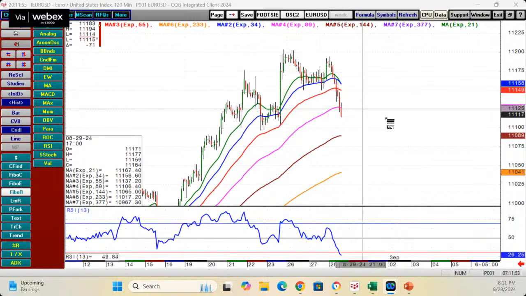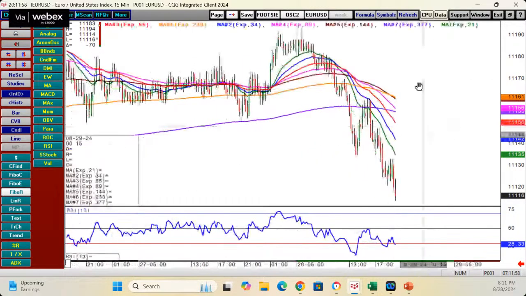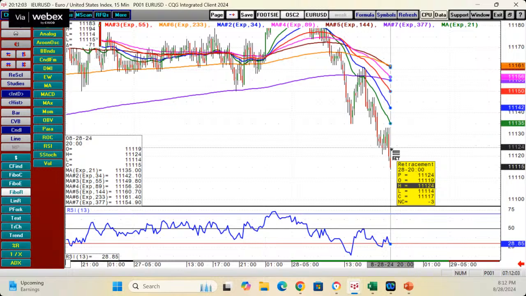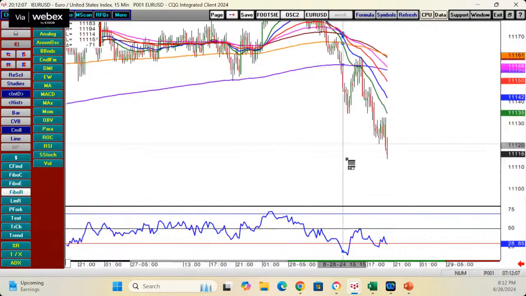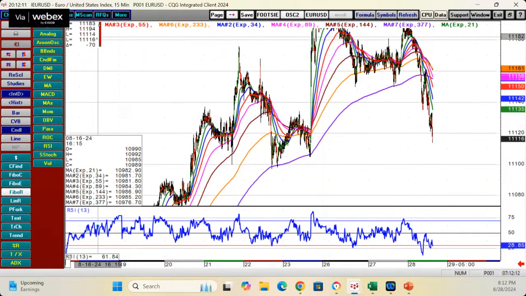So now we are going to sell at the 15-minute high, which is 111.20 or 111.30. So you can put this trade.